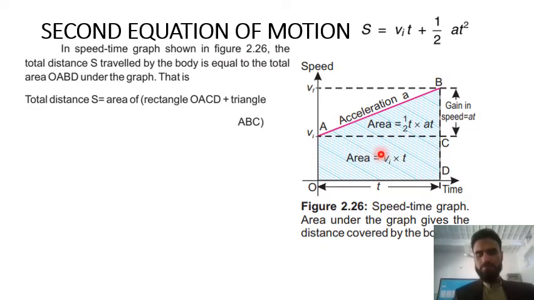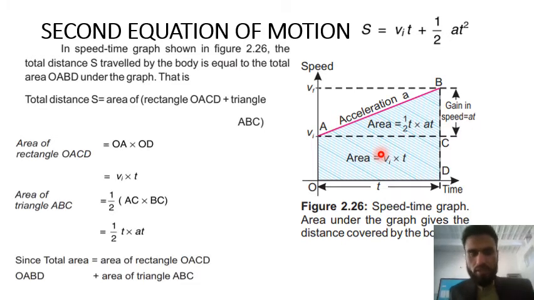So to find the area of the rectangle, we have to multiply OA with OD. OA over here is actually the initial velocity, and OD is the time taken. So if you multiply VI with time, it will give us the area of this rectangle.